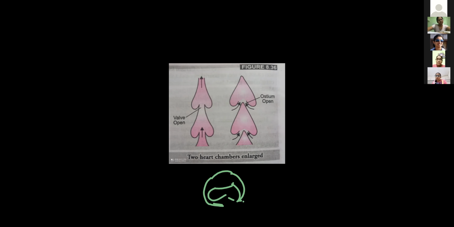So again, how does the blood enter into this heart? Blood must also enter the heart; from here it is being released, right? So here the things are given which are not given in your textbook, but you should understand. Between the two adjacent heart units, this is the one, then here is the second.